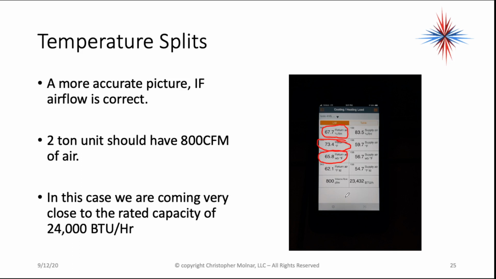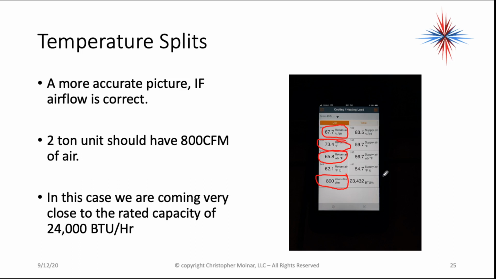Okay, and we manually set the airflow volume, because I know my system is supposed to have 400 CFM per ton. This is a 2-ton system, so I have 800 CFM of air is what I'm supposed to have through here. We have supply air relative humidity, supply air temperature, dry bulb, wet bulb, okay?